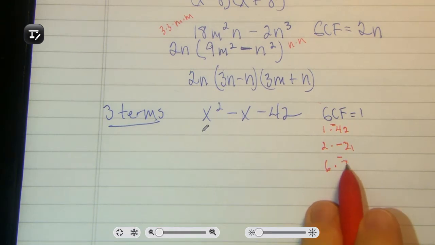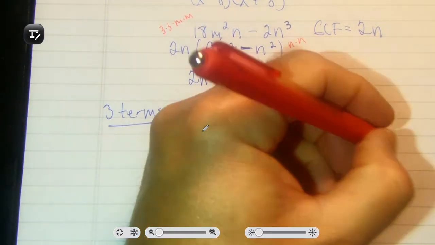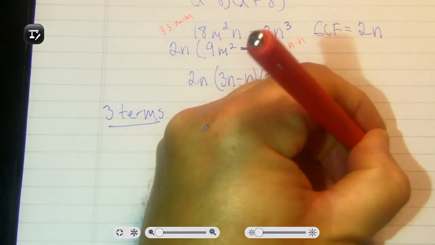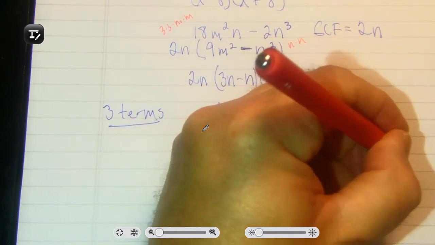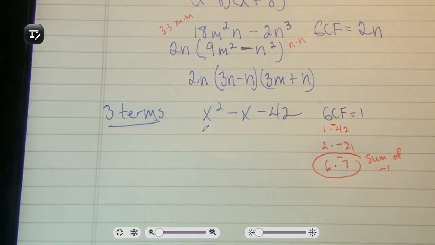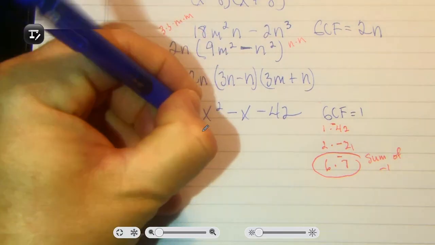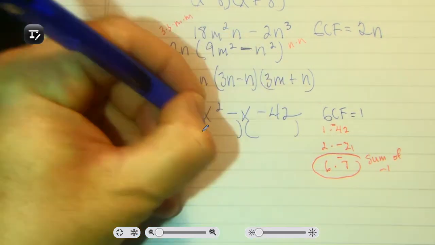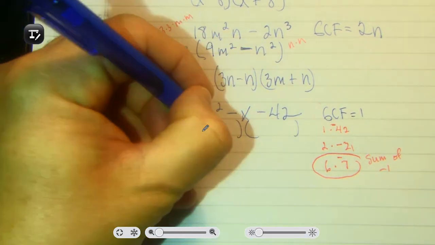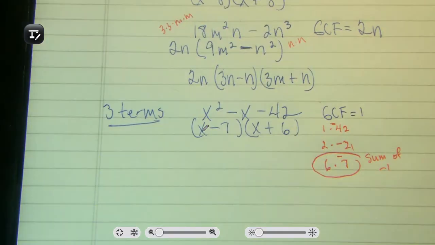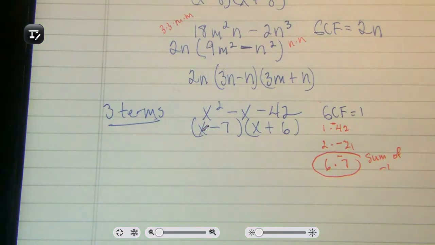And if I make the 7 negative, that's going to give me, if I add those two, a sum of negative 1. That's what I'm looking for. So this will factor to be x minus 7 times x plus 6. Pretty straightforward in my trinomial.